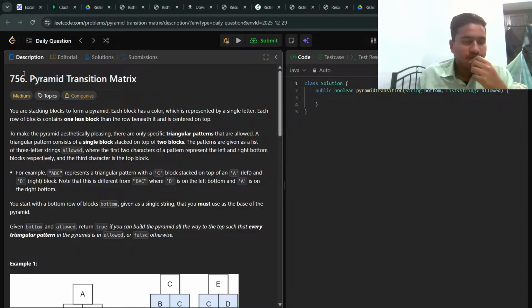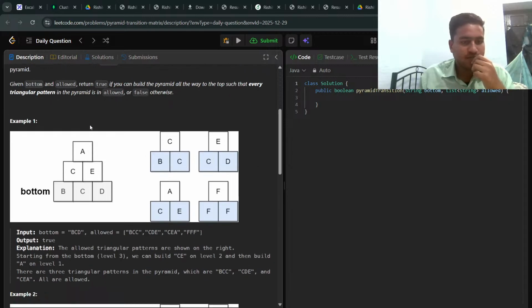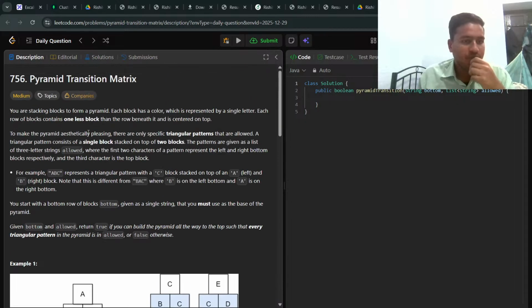The problem is 756, Pyramid Transition Matrix. You are stacking blocks to form a pyramid. Each block has a color represented by a single letter.